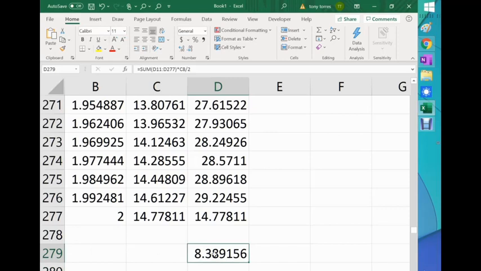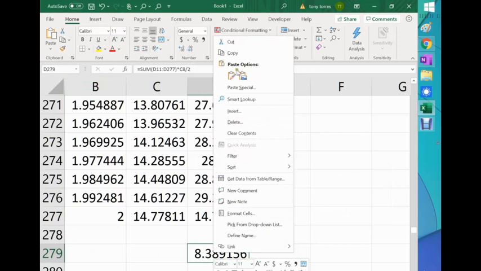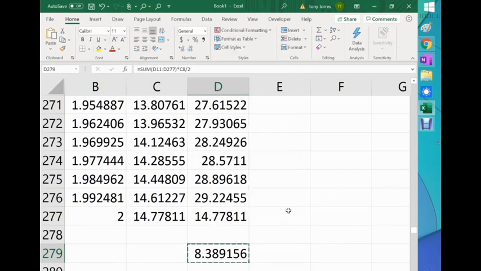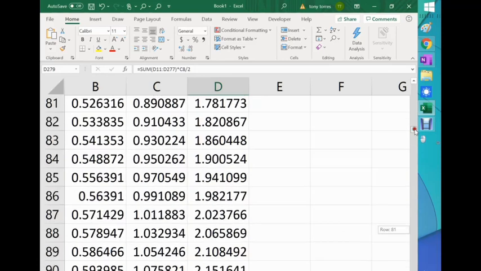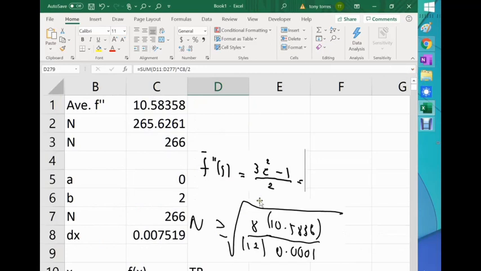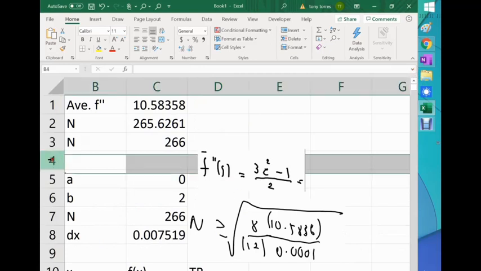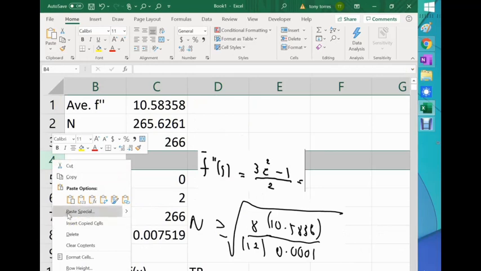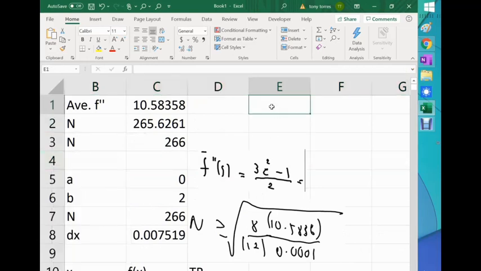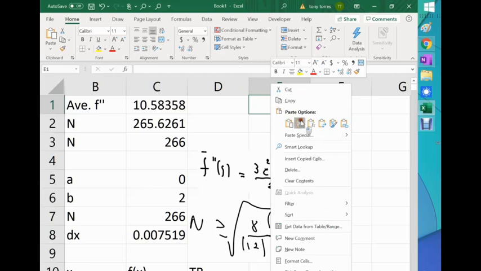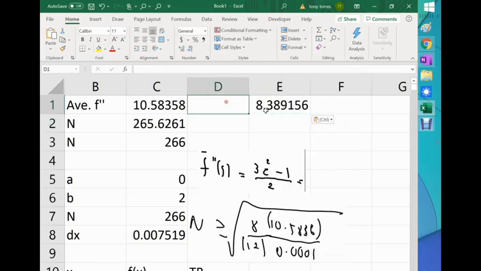So let's copy that value and compare that to, let's see where we're going to get that done. Actually, I can certainly do that right here. Let's write it here for the time being. And so it's going to be a paste, number only. So this is the trapezoidal rule value.